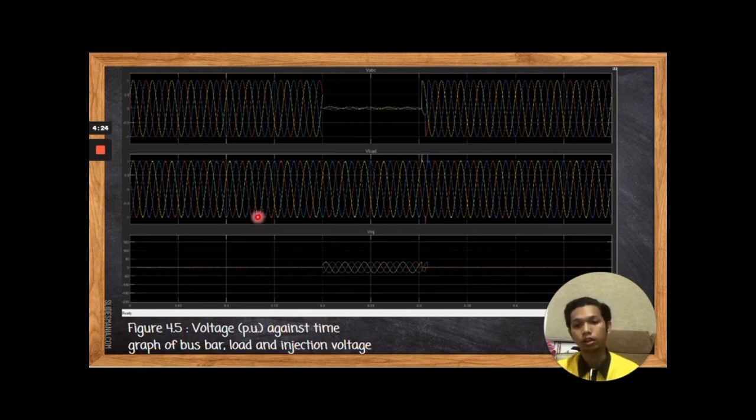The graph in figure 4.5 indicates that 0.2 second to 0.3 second is a fault. In reading VABC, the V injection graph is created, and we find that the system injects V into the original system in order to achieve a perfect V load if there is a voltage sag. So that's all from me. Thank you.